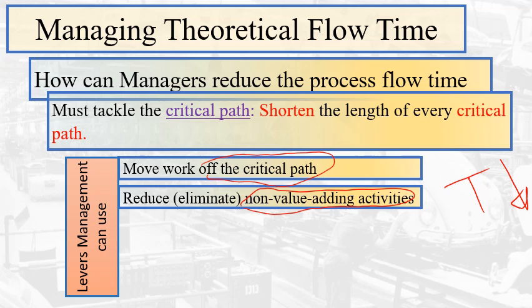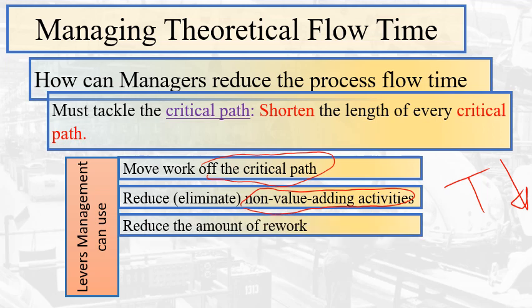As we said, flow time includes waiting and theoretical time, and even the theoretical part of it is value added and non-value added activities. So we want to take out the non-value added activities, or at least reduce them. Reduce the amount of rework. This is very important because rework adds to the overall time of our process.